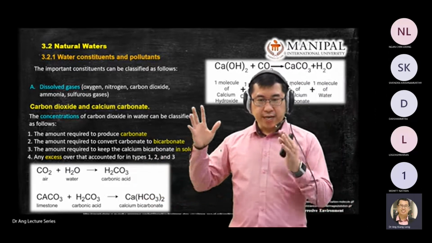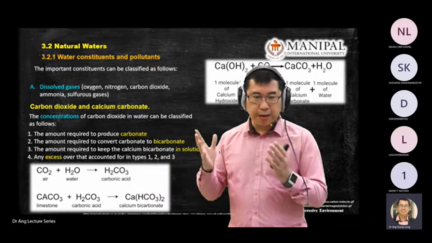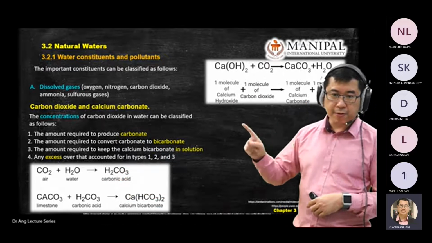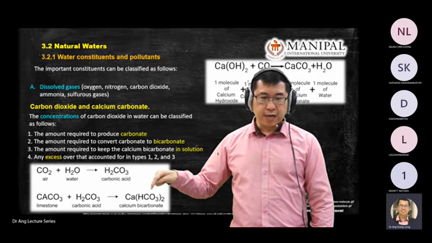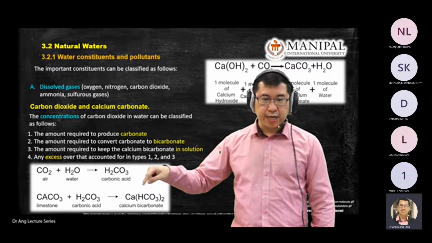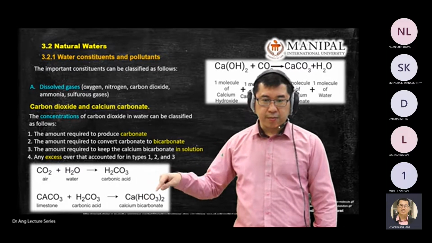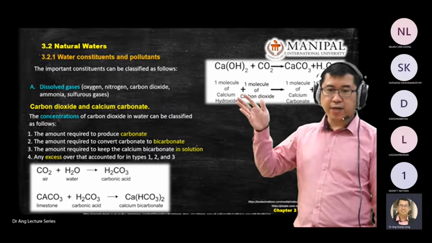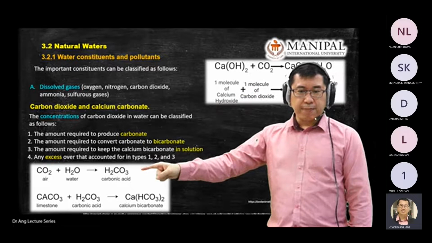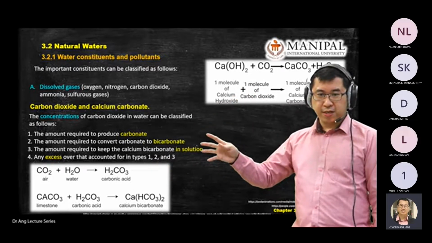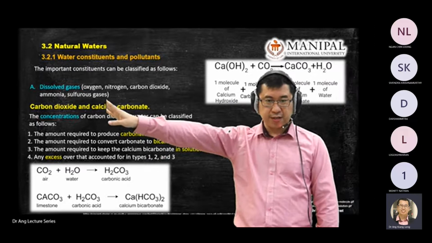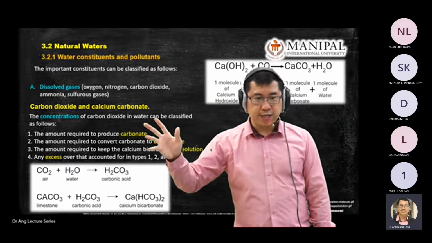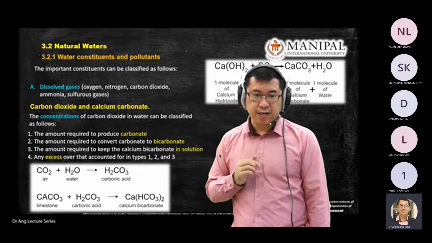So when the acid rain, the carbonic acid, combines with the limestone, CaCO3, it will form calcium bicarbonate, Ca(HCO3)2. Okay, so this is how it affects your pH level in your water when you have different gases, especially when it comes into contact with carbon dioxide, water, limestone.